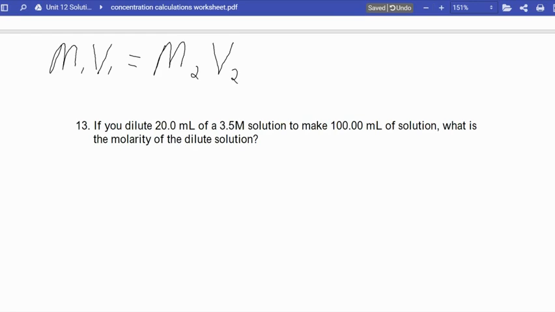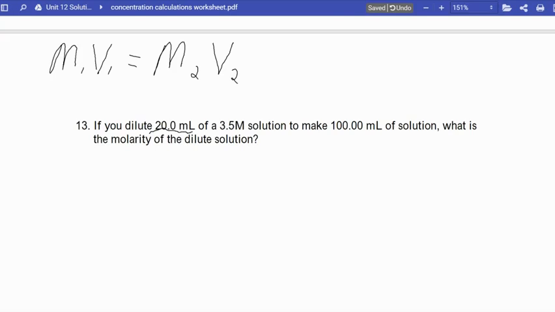So we read through the problem. If you dilute 20 milliliters of a 3.5 molar solution to make 100 milliliters of solution, what is the molarity of the dilute solution? The first thing to notice is the volume is in milliliters, which for dilution is okay.